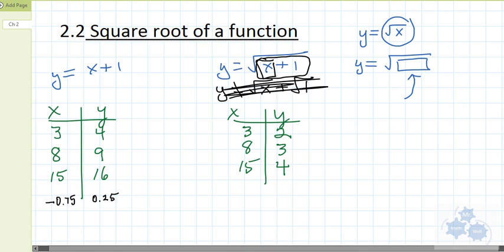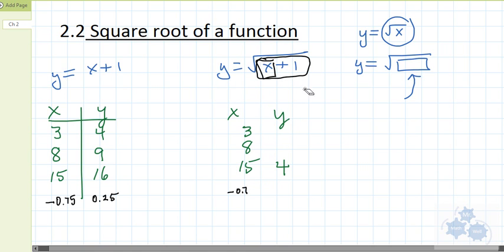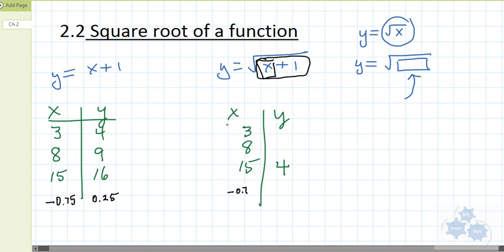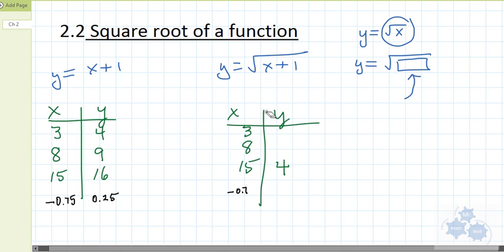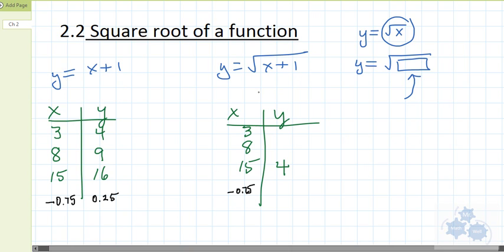So if I took the x value negative 0.75, first of all, is this even possible? I have a negative value and I have a square root. Is that okay? Or is negative 0.75 actually in the domain of x here? Yes, because I'm adding 1. So that's going to bring it over into the positive area, okay? Good. I'm glad you noticed that.